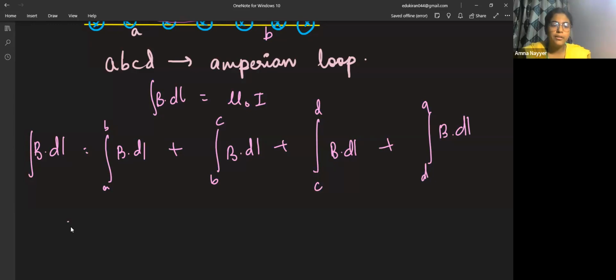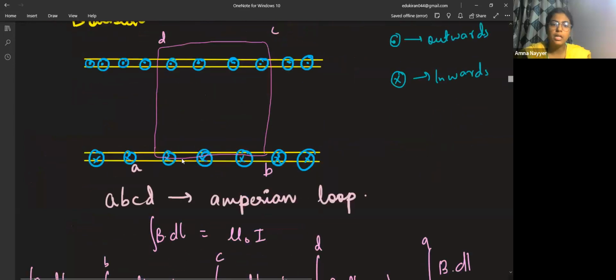Now see, for all of this, we have cos theta. So coming to AB, look here. This is your wire AB, right? Now, only if you look here, this part, AD and CB, these two segments are making an angle of 90 degrees. If you look here, this isn't making an angle.